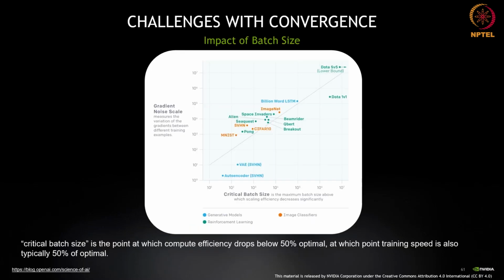So here you can see a critical batch size is a point at which the compute efficiency drops below 50% of the optimal, at which point the training speed is also typically 50% of optimal. The critical batch size is found to be different for different networks, and that's what is being shown here. And it is a function of their gradient noise scale. As you can see here, your y-axis is actually gradient noise scale, which measures the variation of gradient between different training examples.